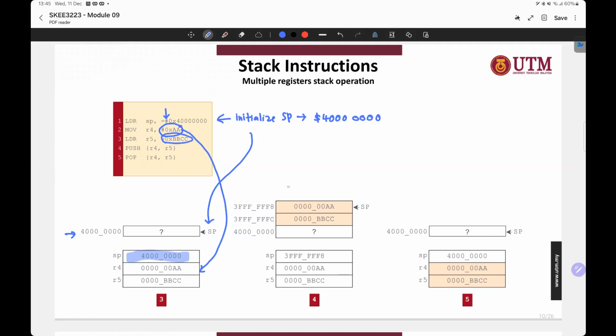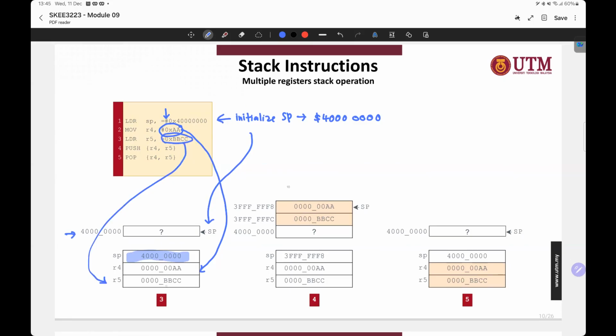You're going to put this value BBCC to R5. After you execute line number 3, the stack pointer has this value 40000, R4 has the value 00AA, and R5 has the value BBCC.